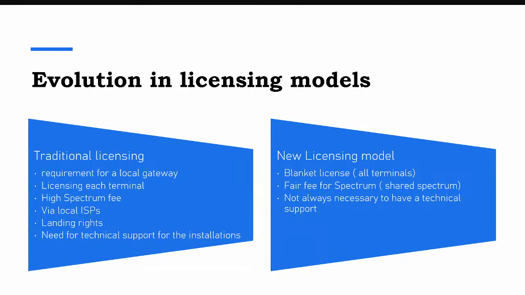When we started receiving interest from different international companies that wanted to be licensed in Rwanda, of course, this new constellation came with a new way of operating that required us to move away from the traditional licensing model that we had and adopt a new model. We were used to traditional satellites that are mostly GEO.